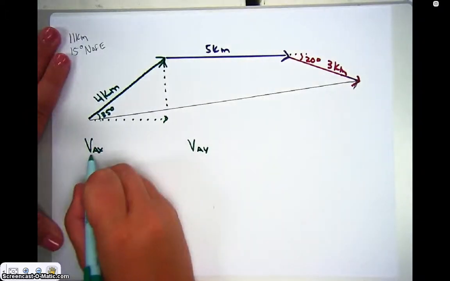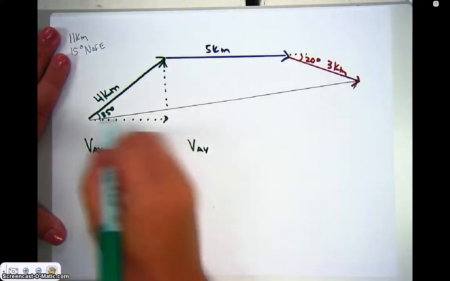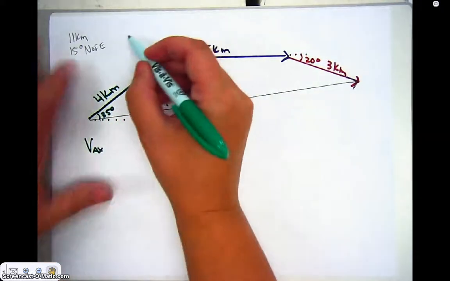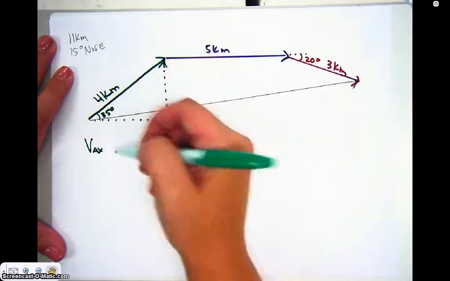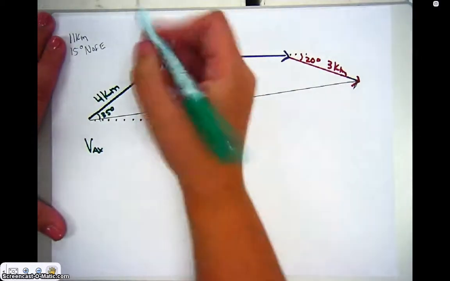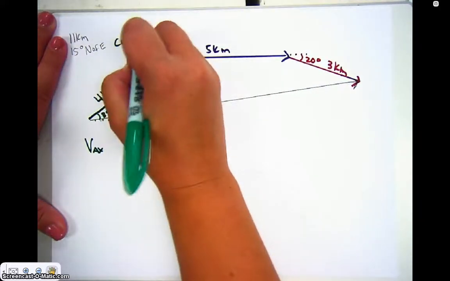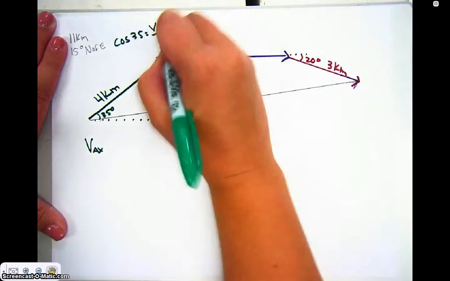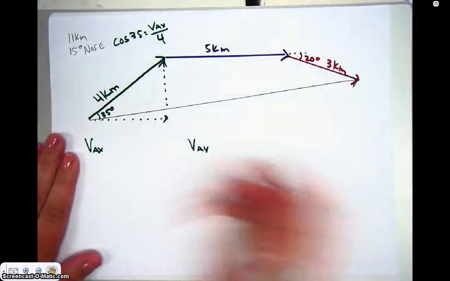So I would take the cosine of this angle is equal to the adjacent over the hypotenuse. I'm just going to write it up here so you can see. And then all of the calculations are going to be similar here. So we have the cosine of 35 is equal to Ax over 4. So we would just multiply by 4.